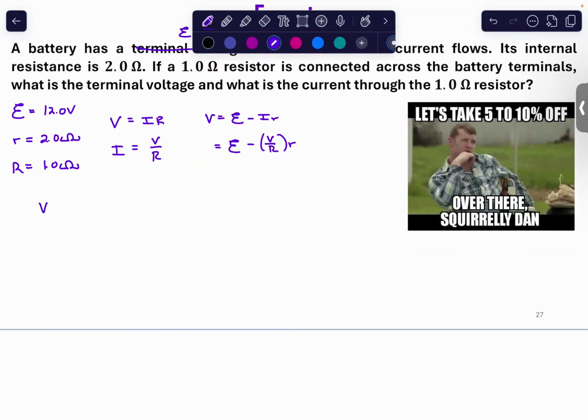So we're going to have V, R over R. Then if I factor out a V, you get 1 plus R over R. So my new voltage is going to be this.